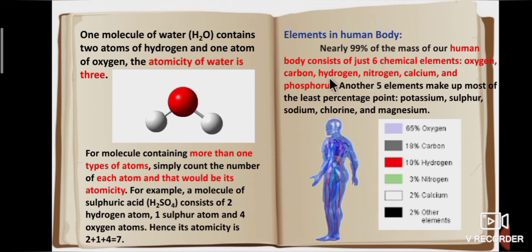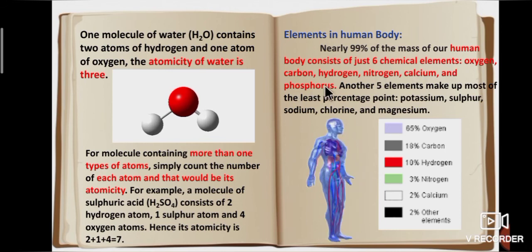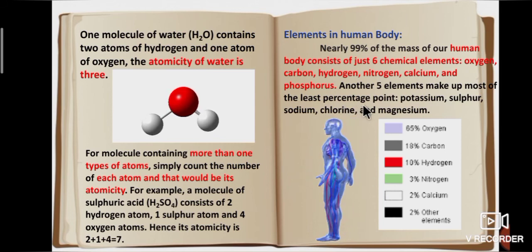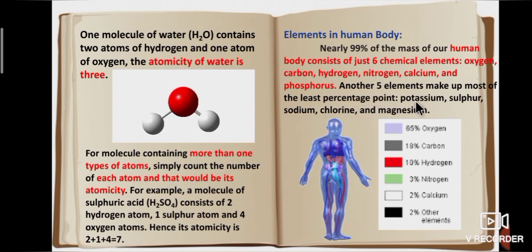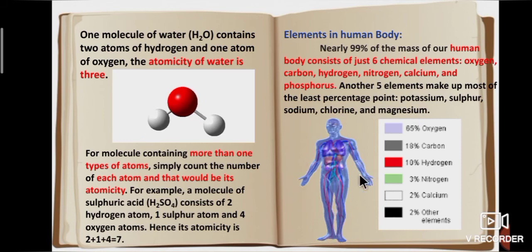They are oxygen, carbon, hydrogen, nitrogen, calcium and phosphorus. Another 5 elements make up most of the remaining percentage. They are potassium, sulfur, sodium, chlorine and magnesium.